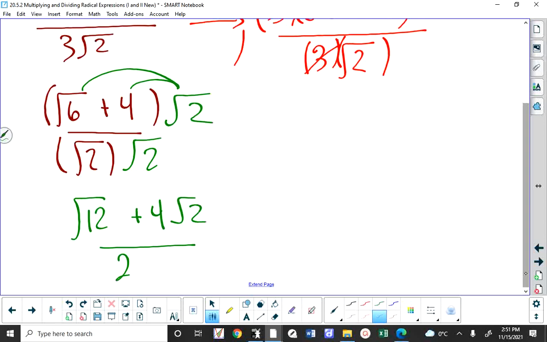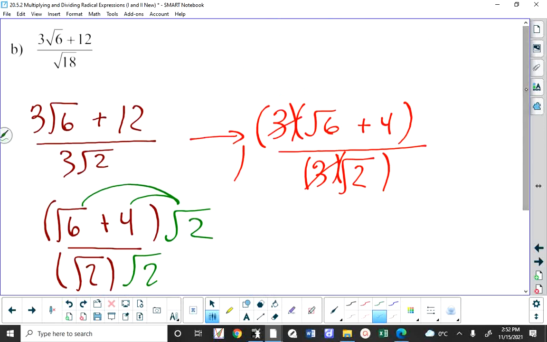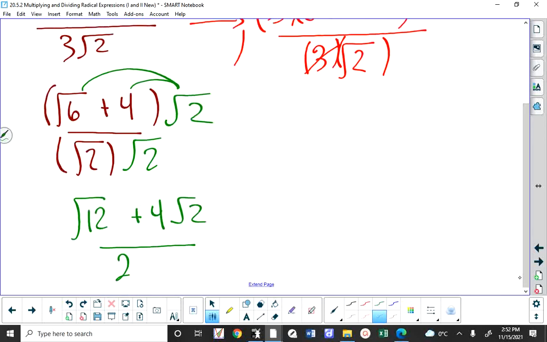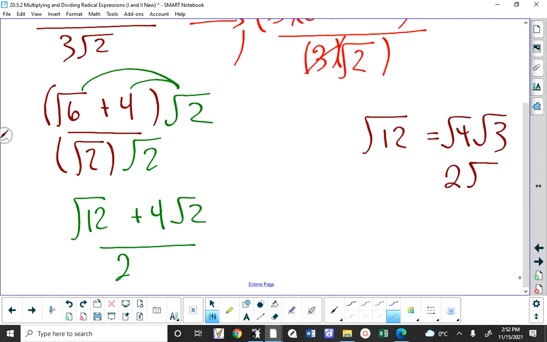This is like zombie math. Every time you think you're done, it rises again, and you have more work to do. I thought we simplified all the radicals, right? Root 18 was 3 root 2. Now all of a sudden we have root 12. Well, what's root 12? Again, I'm a fan of doing this on the side. This is root 4 root 3, which is 2 root 3.